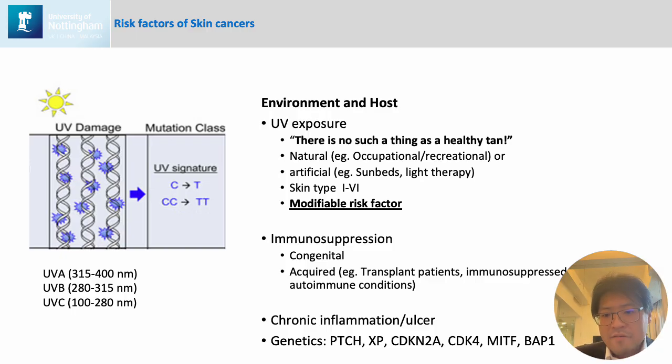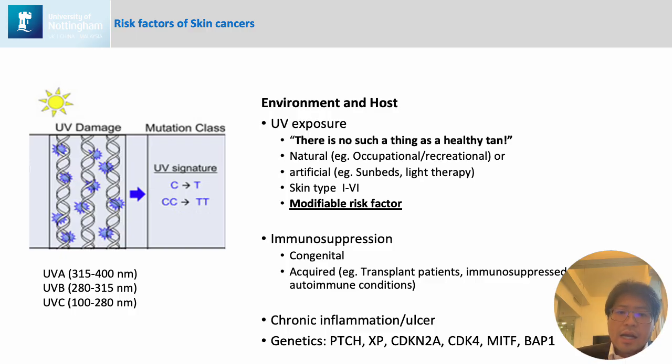But luckily, we have the ozone layer in the atmosphere that blocks out more than 99% of the UVC, and therefore the majority of the UV light reaching the ground is UVA and UVB. The UV photons with high energy can cause damage to the DNA, and this C to T change in the DNA is a classical signature of UV damage.